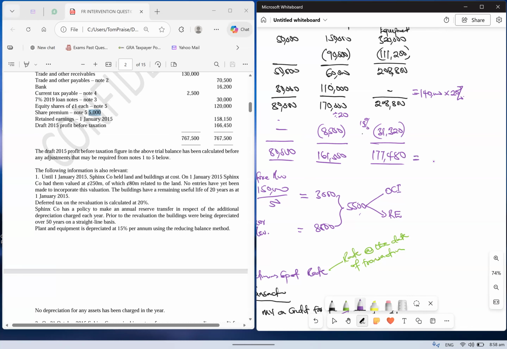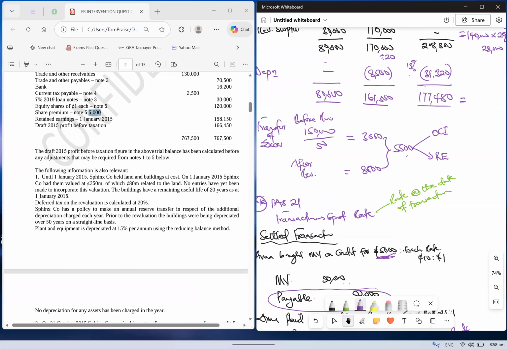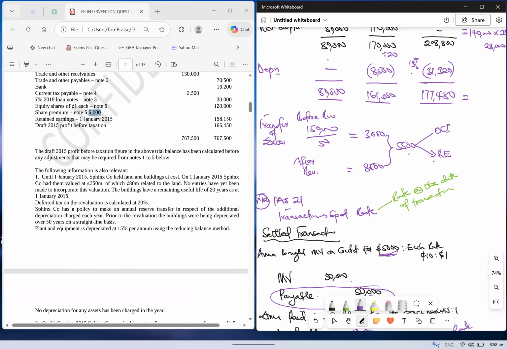What will be left? The tax is 28,000. Yeah, so if the tax is 28,000, what will be left? 112,000. So this 112,000 is what will be in your OCI.